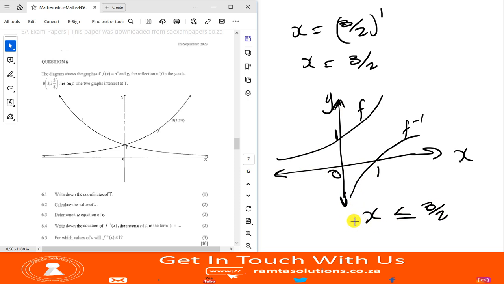So you must say x is greater than 0, but less or equal to 3/2. Okay, you must ask yourself that this must be when x is greater than 0, but less than or equal to 3/2. Okay, happy? Perfect. It's okay this way. It makes sense, right?